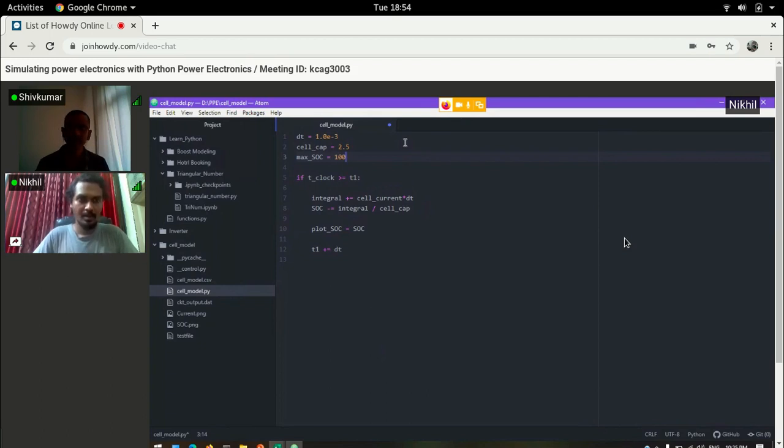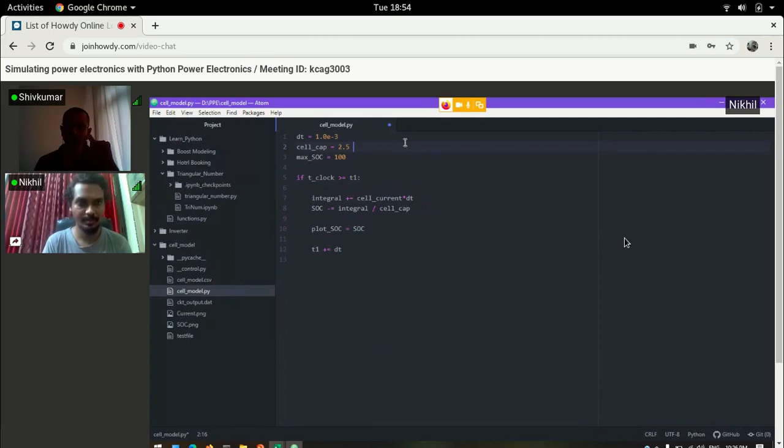Okay. So first thing, max SOC, what will it be? Let's say your cell capacity is 2.5. What is the capacity of the cell? 2.5 ampere hours.